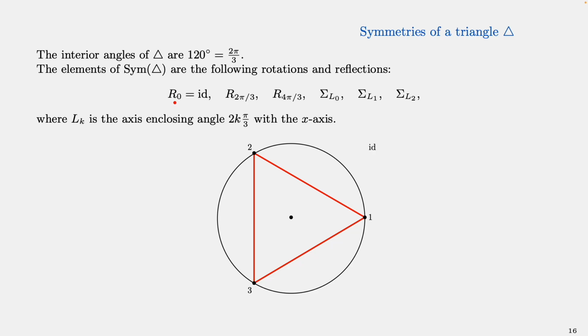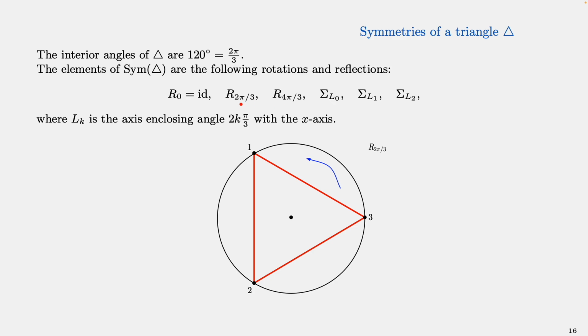First, rotation by angle 0, which is nothing else but the identity map, so the one that doesn't do anything. It's obviously a symmetry. Then we have the rotation by 2 pi divided by 3, so this is a 1/3 of a full rotation. This is what's happening here, so 1 gets rotated where the 2 was before, 2 gets rotated down here where the 3 used to be, and 3 gets rotated here where the 1 used to be.